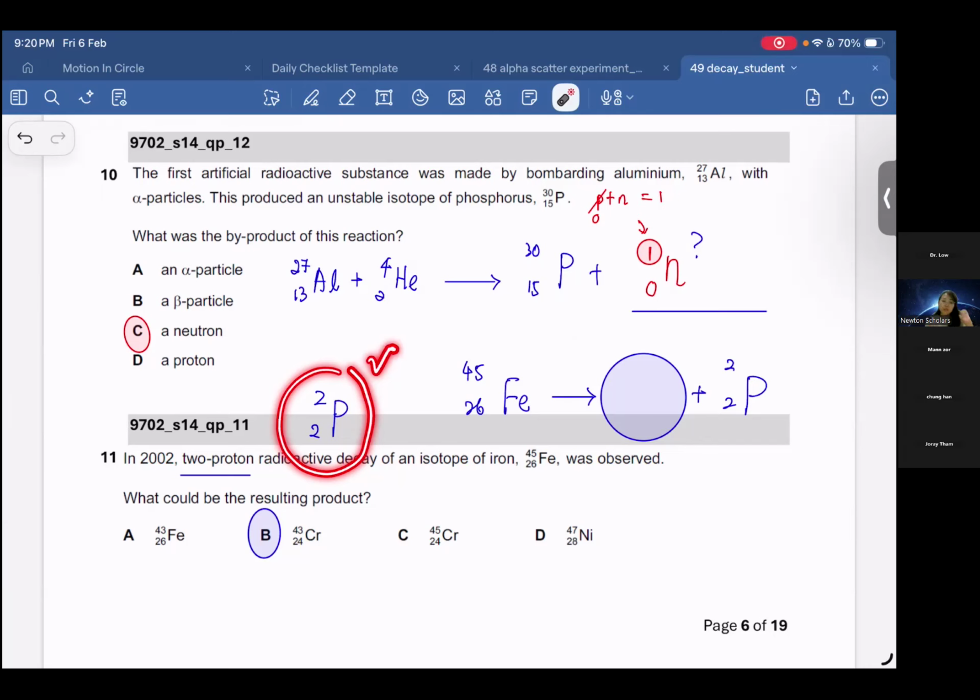But try using your common sense. This part is the proton number, so we got 2. Then we don't have neutron, so our nucleon number is also 2. Answer is B. Is it okay?